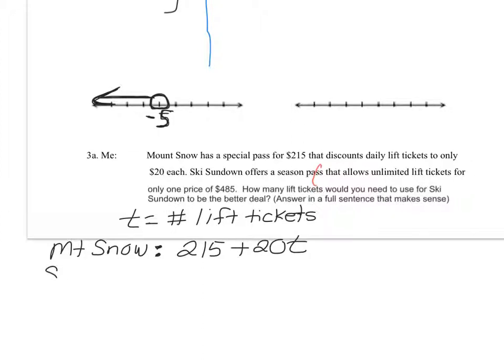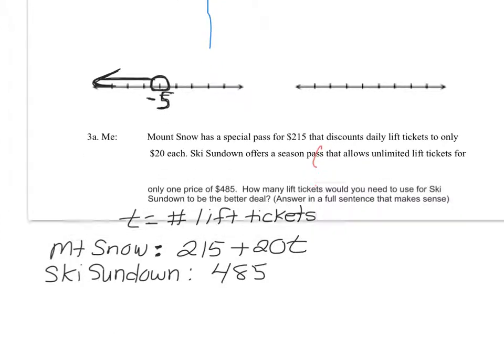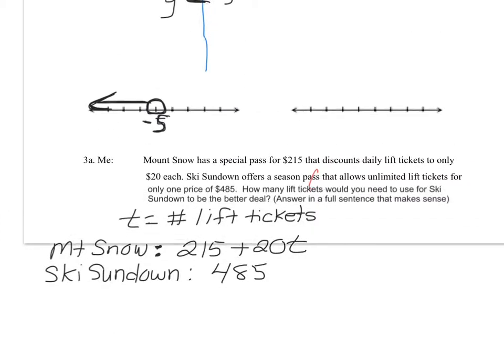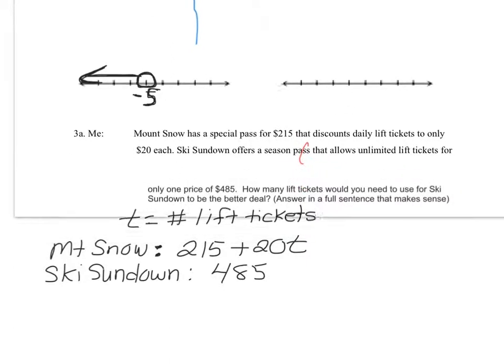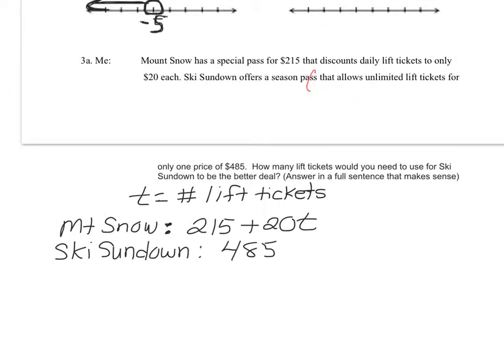Okay, and for Ski Sundown, we just have $485. All right, well, let's do this.